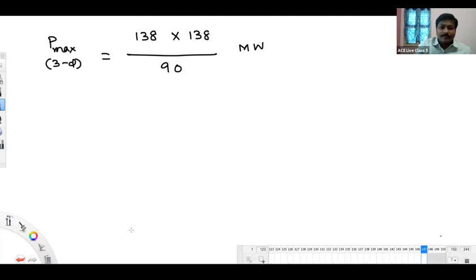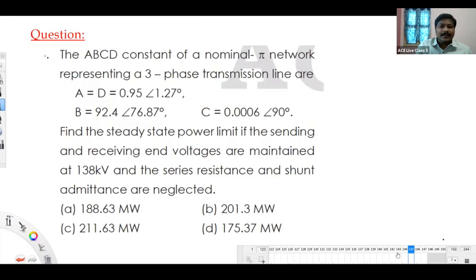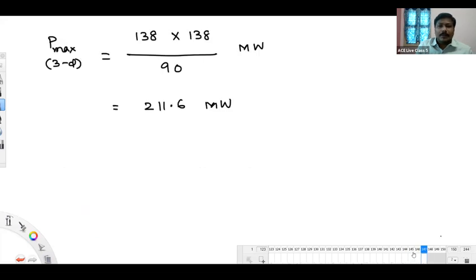How much is that number? 211.6 megawatts. Kindly check that. 211.6 megawatts is the maximum power transfer capacity.